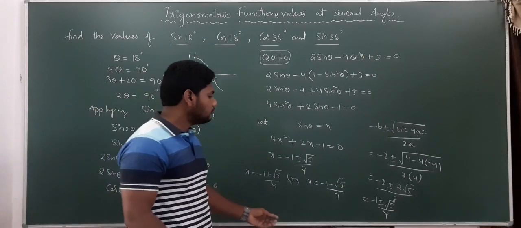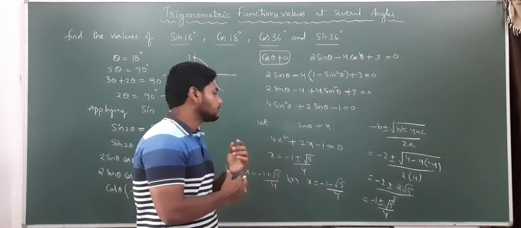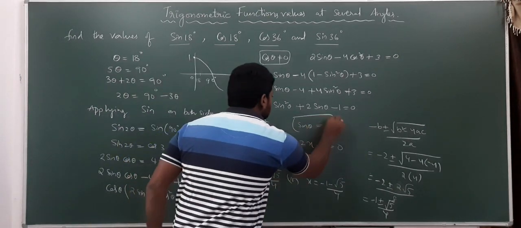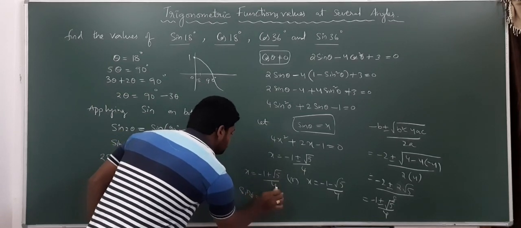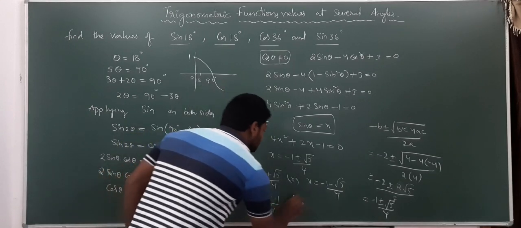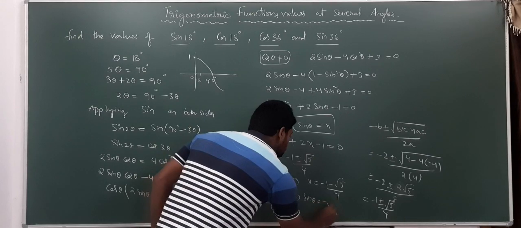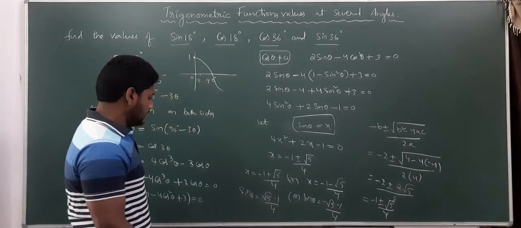From these 2 values, should we take both values or should we take one value? How can we know? What is x here? X is equal to sin theta, right? Sin theta is equal to minus 1 plus root 5, nothing but root 5 minus 1 by 4, or sin theta is equal to minus root 5 minus 1 by 4, right?